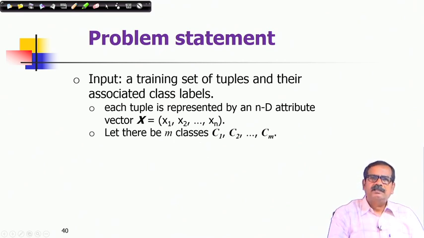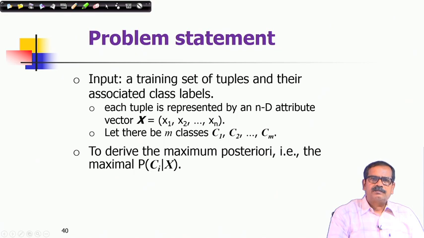And let us consider there are m classes. As we discussed in the previous slide itself, our objective is to derive the maximum posteriori probabilities. So, the class which gives the maximum posteriori probability given the data should be assigned to the data.